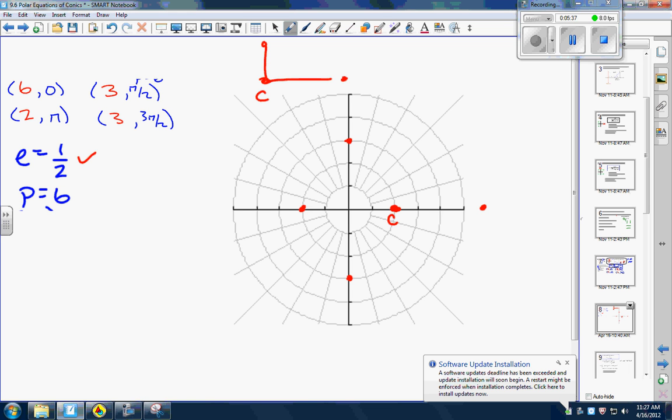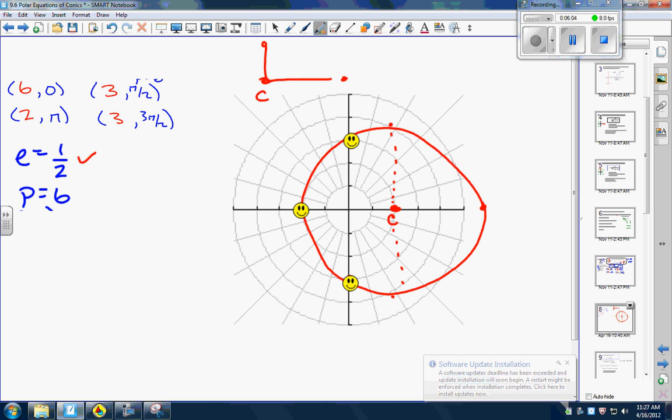So what I want you to do is just pick some point a little bit bigger than these guys here and try and get it to be as nice and elliptical as possible. We're not going to worry so much about this distance this way and this distance this way, but what I want to see is that you've plugged in all the points and you're able to get those 4 things right there. Okay, so it's going to be off a little bit.